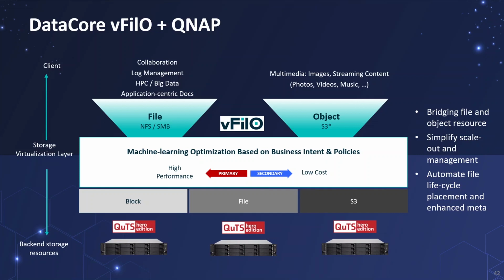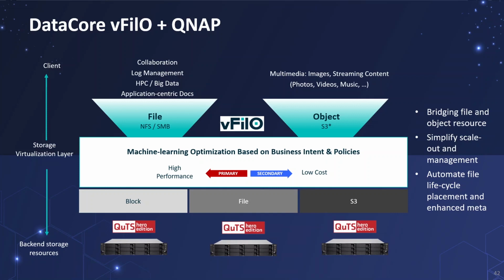If you have existing QNAP or other NAS vendors, you can use vFilO assimilation to assimilate or migrate your data easily. Then you can use object storage to archive inactive data to lower your cost, and it will automatically move data in between; when a file is accessed frequently you can move it back.